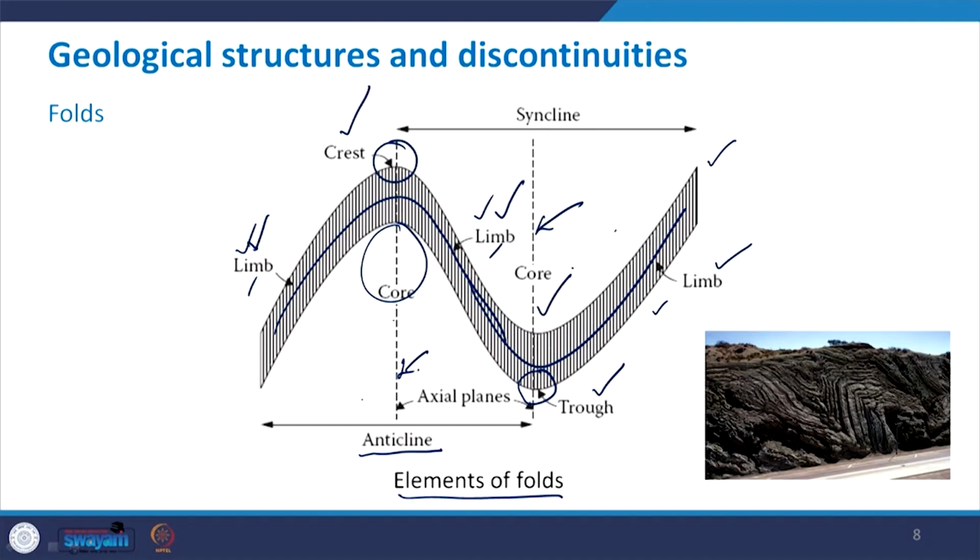So, here it is the oldest rock, and here it is the youngest rock which will be formed. So, these are the various elements of the folds, and in this picture you can appreciate very nicely an anticline as well as a syncline.